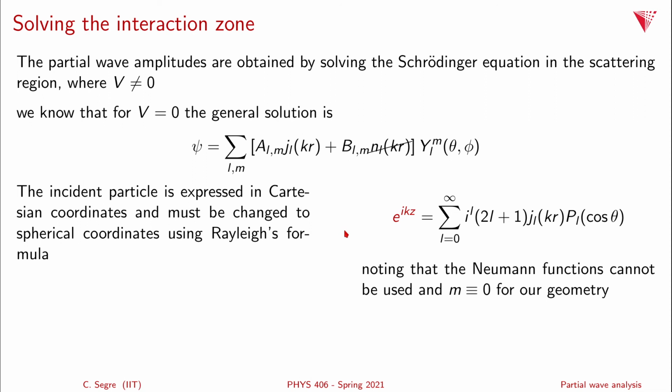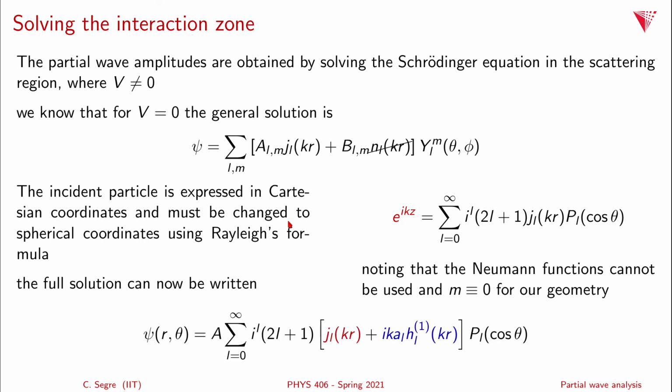Note here that the Neumann functions can't be used and m equals 0 because of our geometry, so we've ignored the Neumann functions altogether. The full solution then can be written as follows.